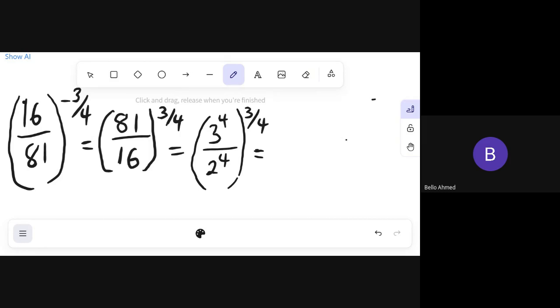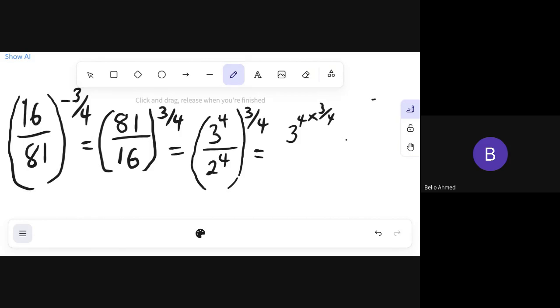We are going to multiply the power of what we have inside with the power that is outside. So that's going to be 3 raised to the power of 4 times 3 over 4.